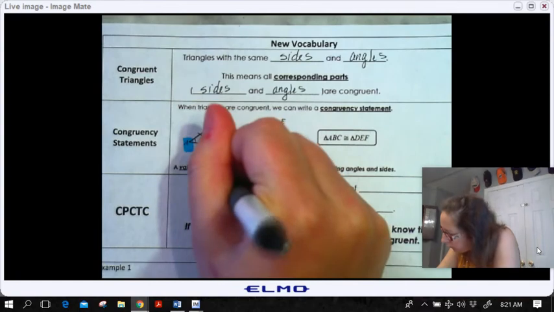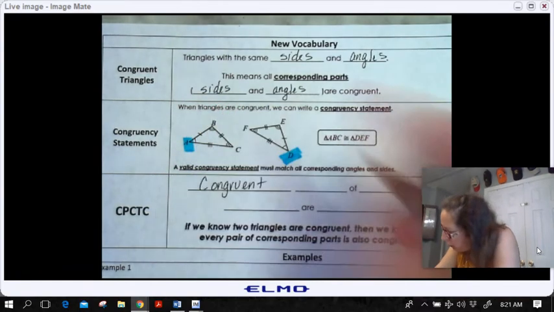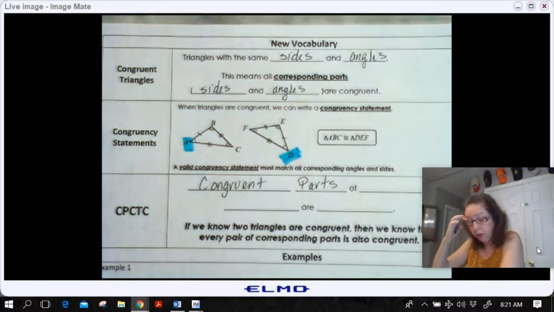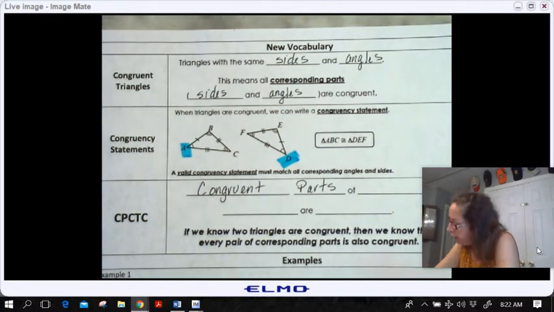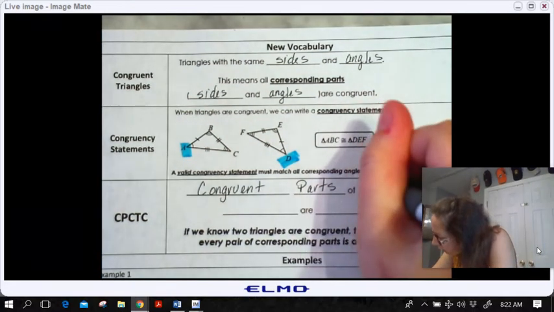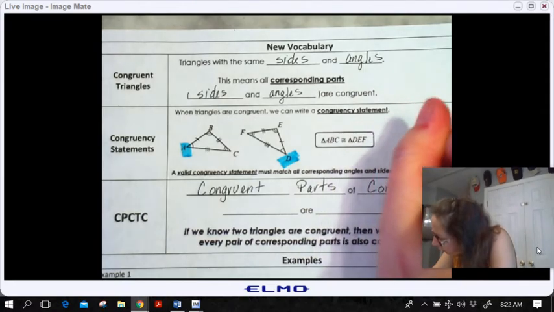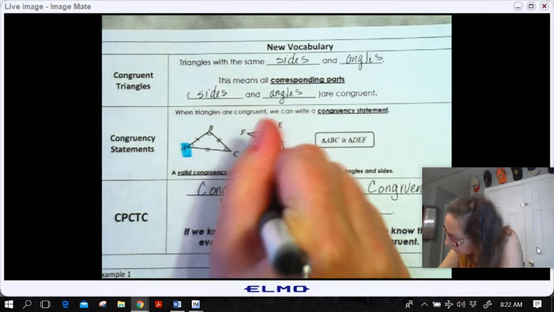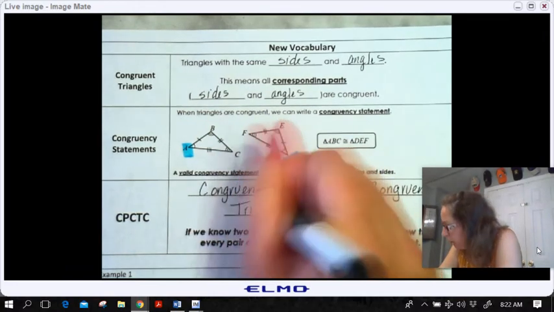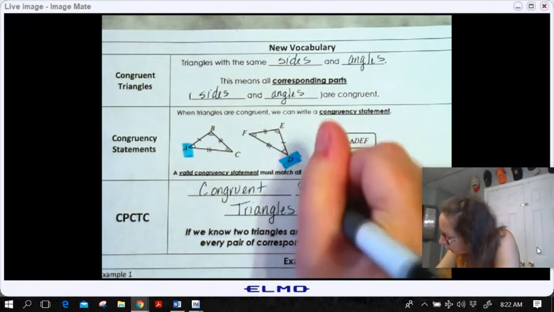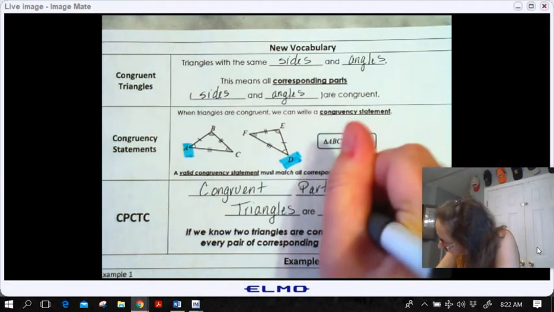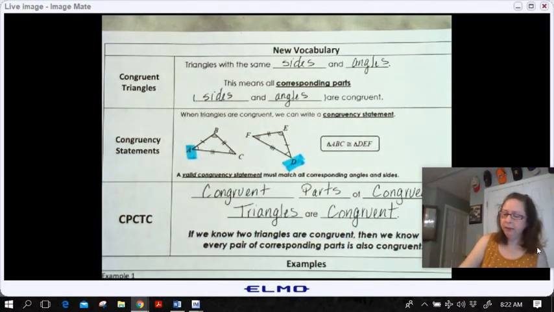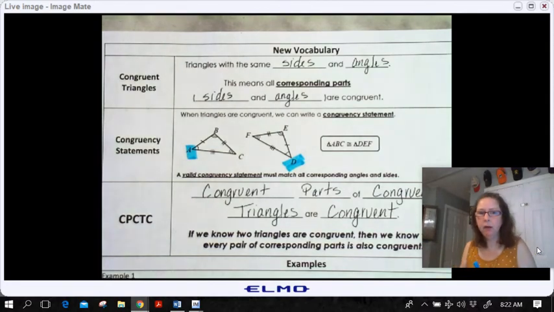But here's what this stands for. Congruent parts of congruent triangles are congruent. So we don't want to write this out every single time.